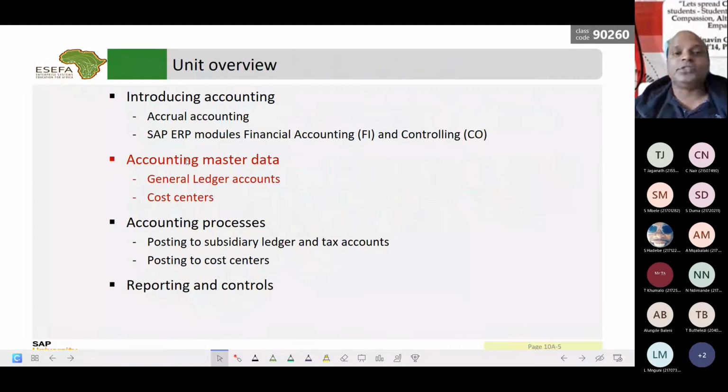We are now going to go on to other accounting terms, the accounting master data. Now, from the first semester, we did something about this. We spoke about the master data unit. In the SAP system that we are talking about, we also have master data. And in that master data unit is where we have all the info required to run the company.